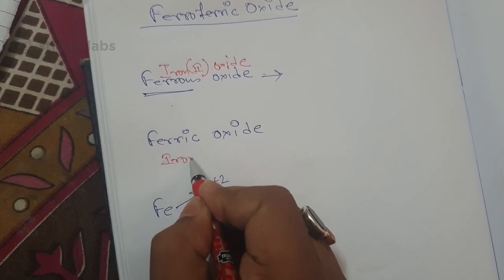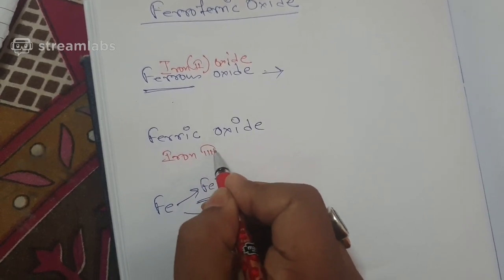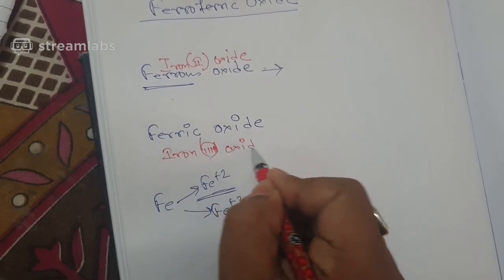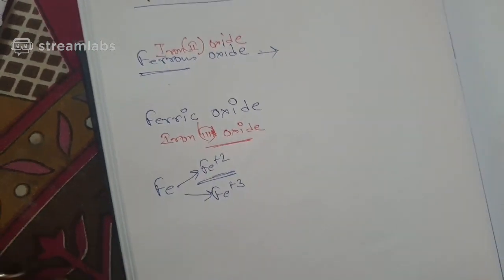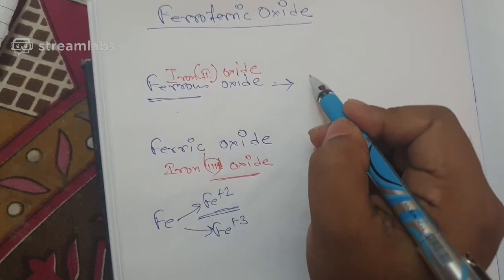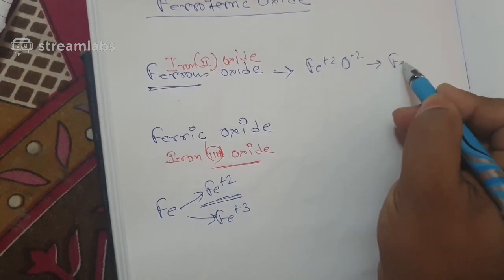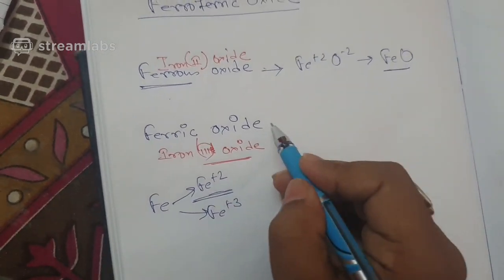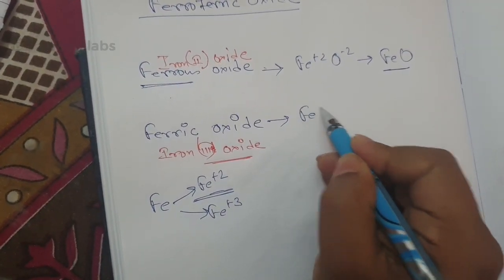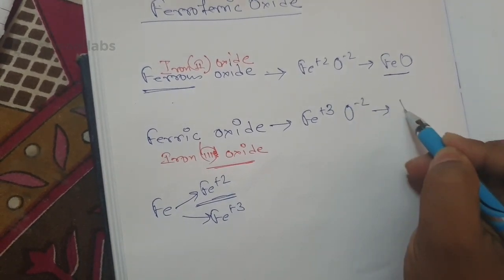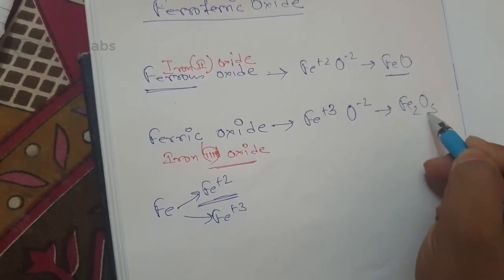And ferric oxide is also known as iron 3 oxide. So ferrous oxide is definitely Fe plus 2 and O minus 2, which gives us FeO. And ferric oxide is definitely Fe plus 3 and O minus 2, which will give me Fe2O3.